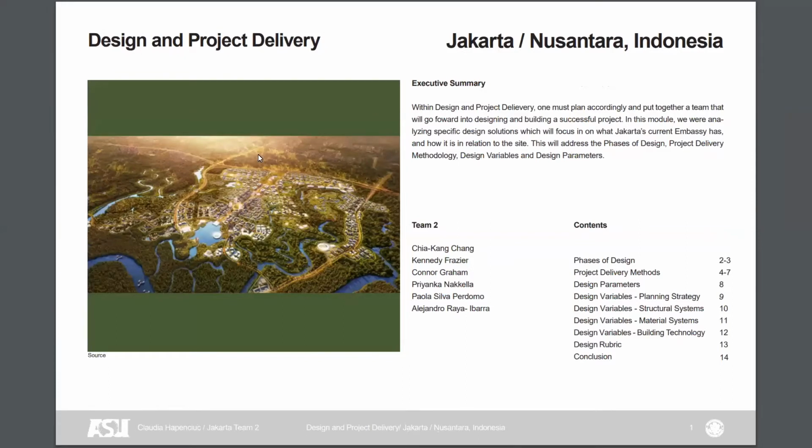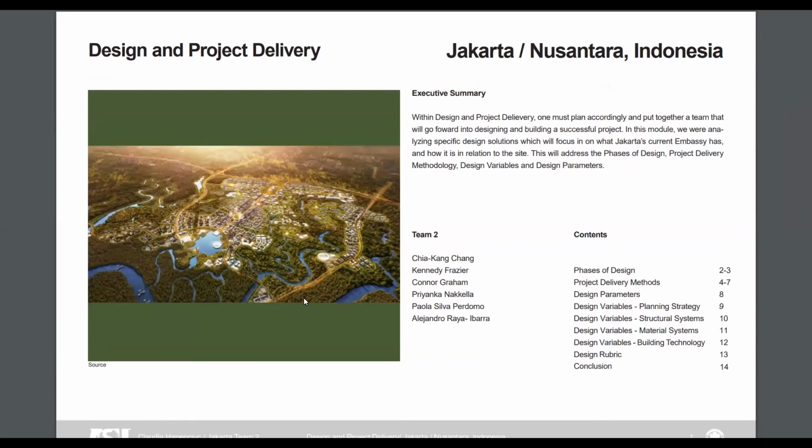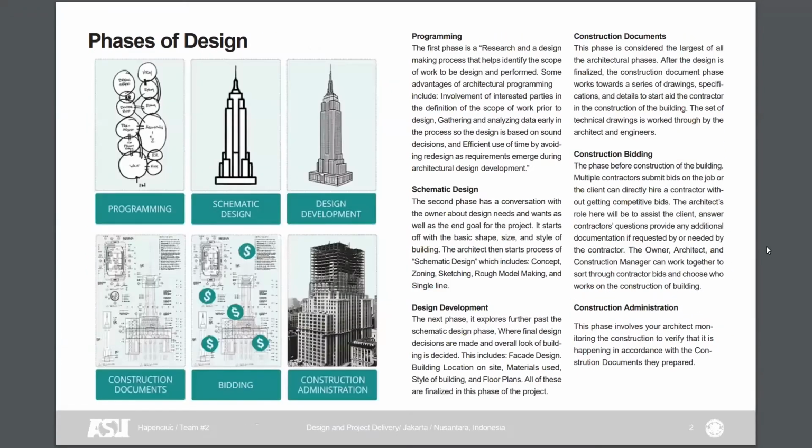And then moving on to the next phase, we focused on design and project delivery, and the different types of methods that the phases of design and project delivery involve. Within the phases of design, there are a few different types throughout the whole project.